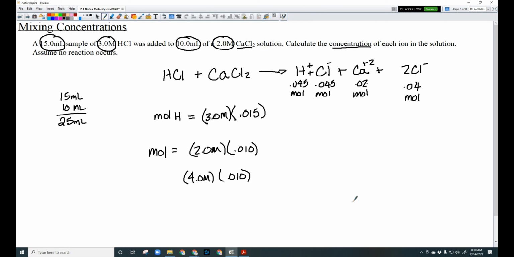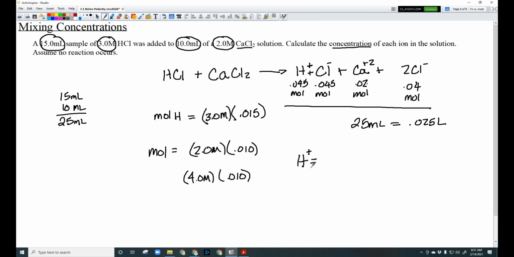All right. And now we need to calculate the new molarity, or the new concentration. So we have a new volume. Remember, our new volume is 25 milliliters, which is equivalent to 0.025 liters. So we have moles and we have liters, and now we can calculate the new concentrations of each one of these ions.